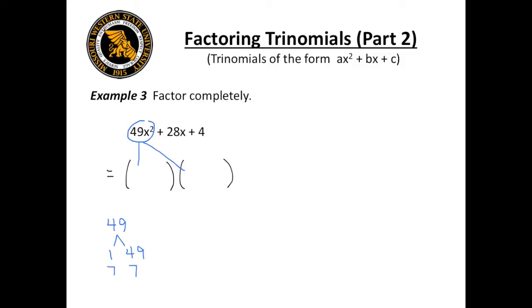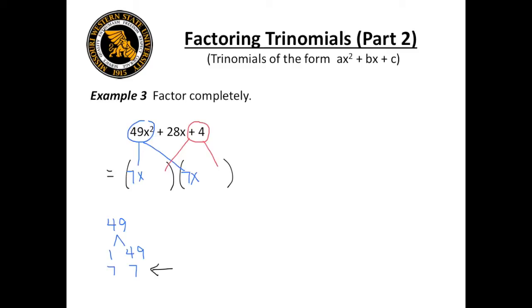So we have to start somewhere. Let's go ahead and start with the two factors 7 and 7. So let's put 7x in front of both binomials. Now we look to the last term to determine the possible numbers to put at the back of each binomial.